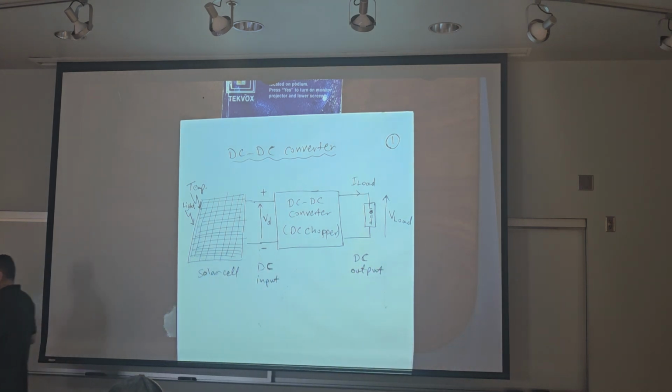There are 13 or 14 types of DC choppers, but we need just step down and step up. That's it.